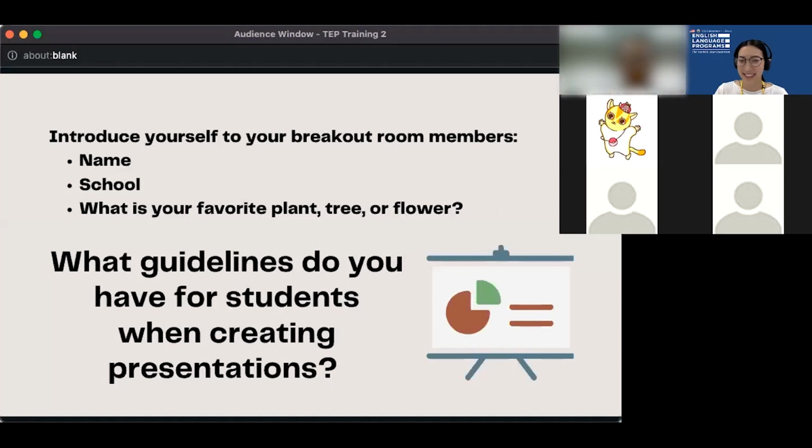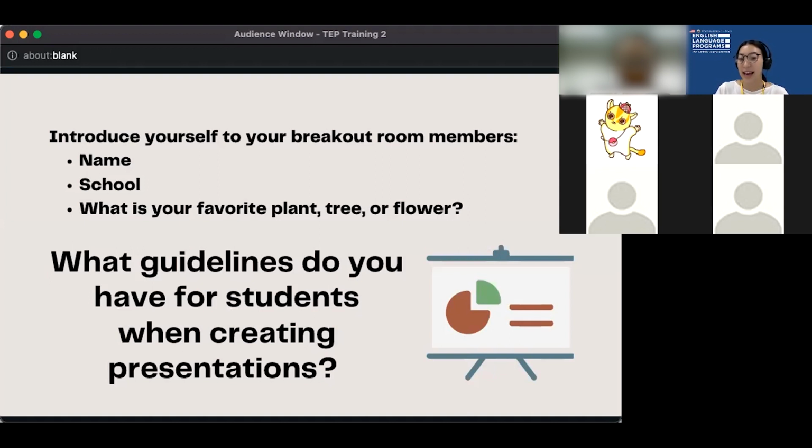Okay, so timing, theme, are important things that you might share as requirements. Okay, wonderful. Welcome. Oh, rose, that's a great flower.